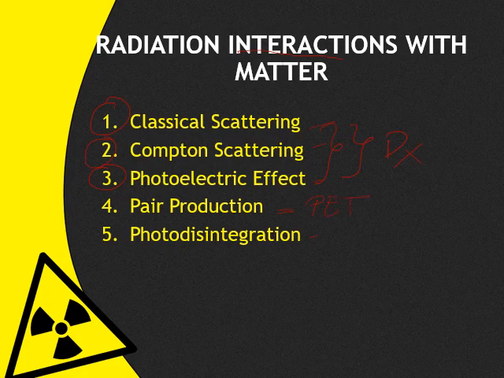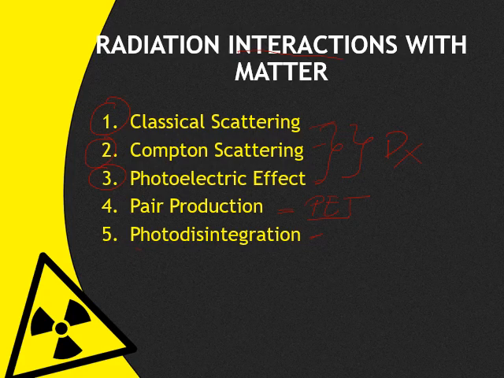I will discuss why pair production is important in PET. And the photodisintegration, this type of interaction seldom occurs, it is very rare, and it usually only occurs if there are nuclear power plant accidents, atomic bombings, and incidents like that.